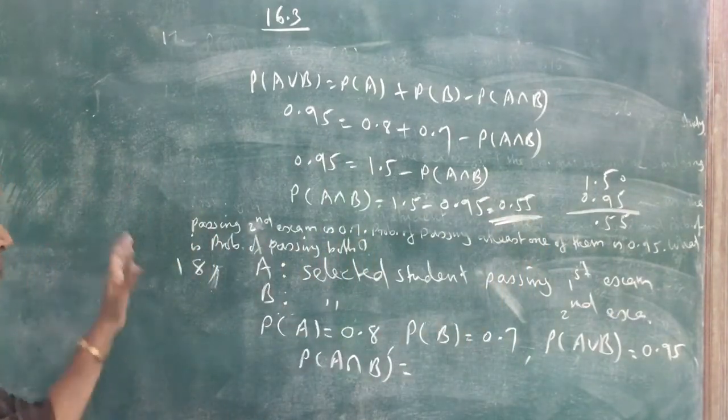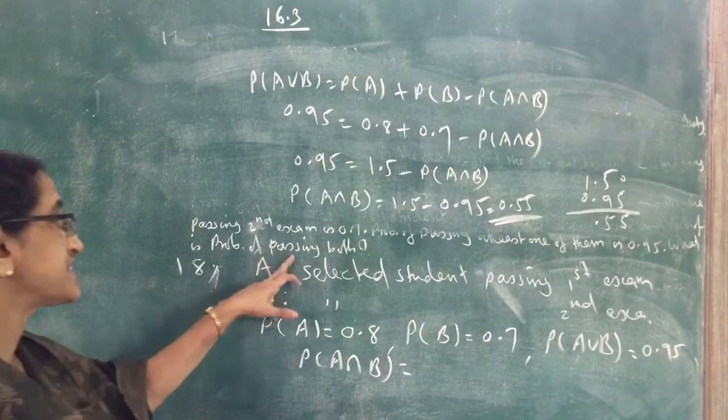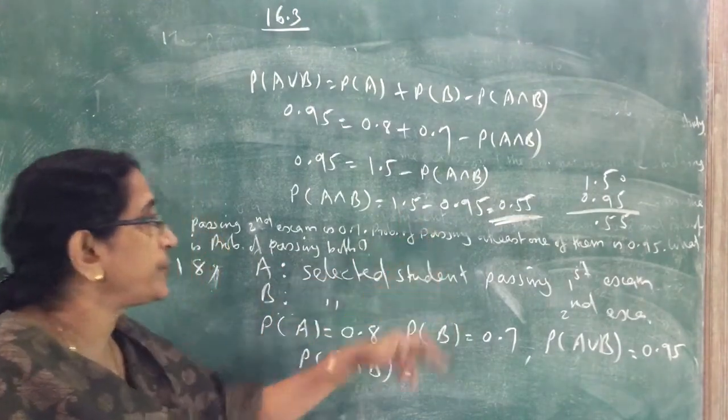So that is the answer. The probability that the chosen student passes both examinations is equal to 0.55.